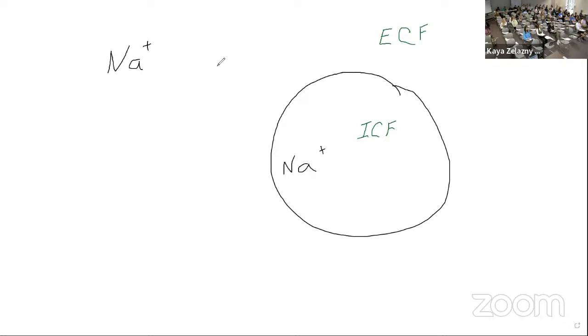Doesn't matter which. I'm going to draw lots of sodium outside my cell. I'm going to give it a value too, in case you put some concentrations. We measure lots of things in millimoles. So let's say we have 60 millimoles of sodium outside. And we'll make up another number for the inside. Let's give ourselves 3 millimoles.